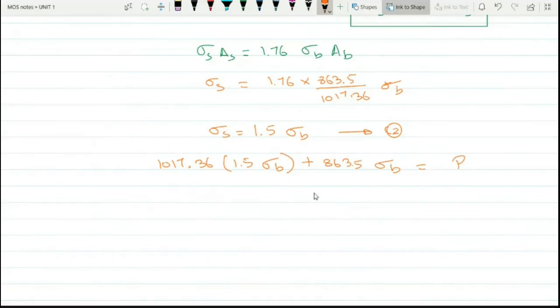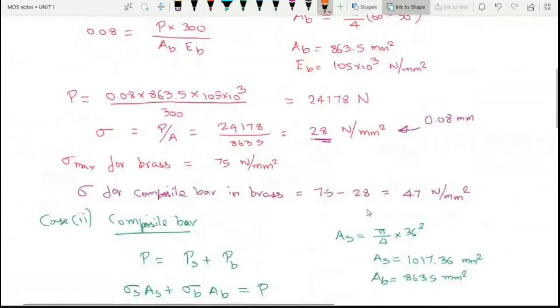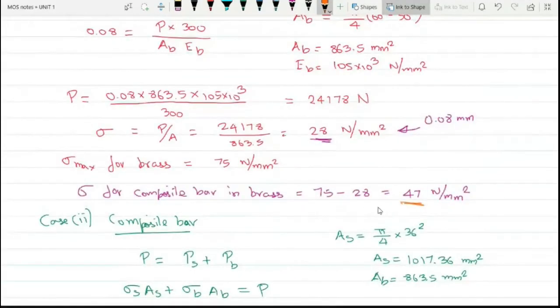Now sigma B maximum can be 47, because for a composite brass, 28 has been taken for single material. After that, remaining is only 47. So sigma B is 47 here.